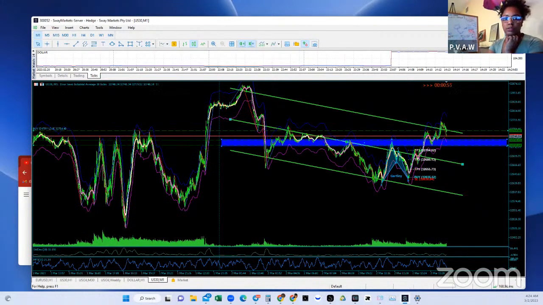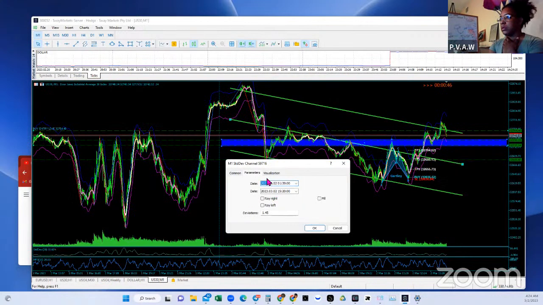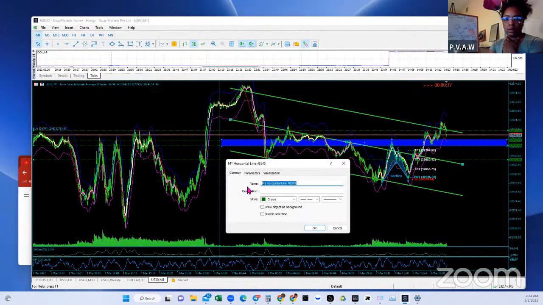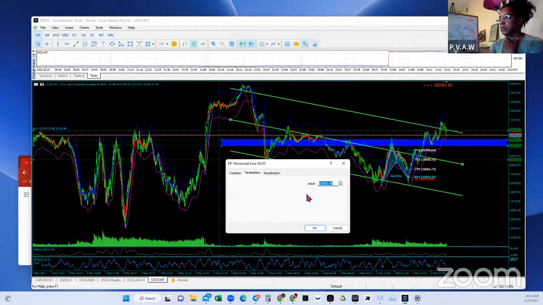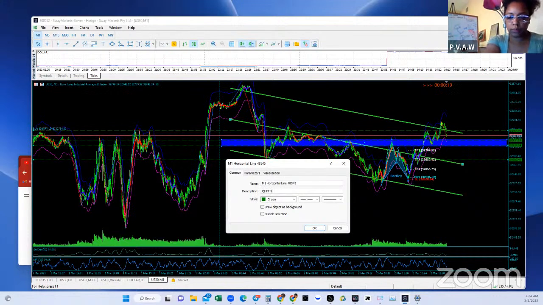My buy entry is at 32706.81. That's my other entry, a lower entry, but that one I have to keep an eye on.